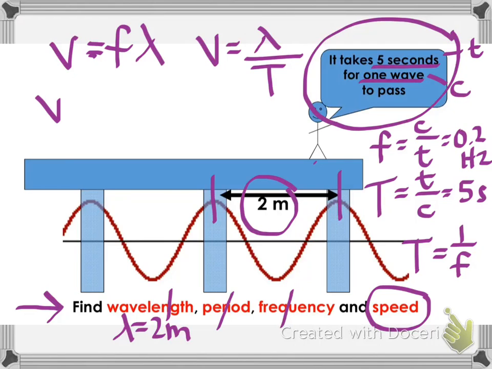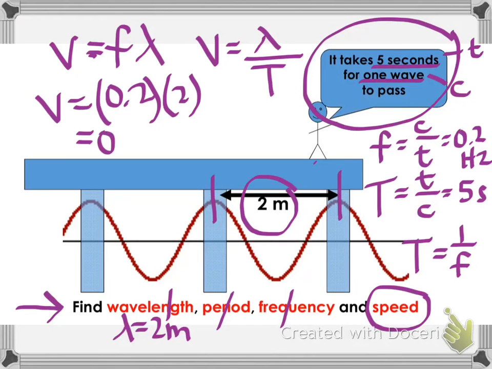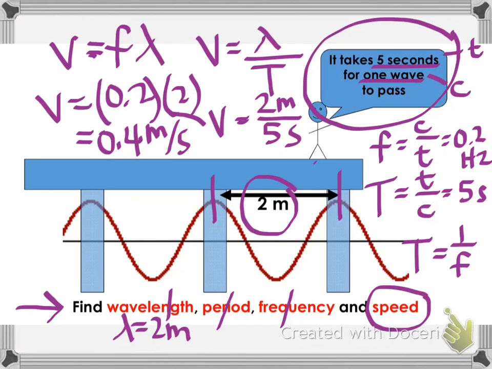When you go through this formula, I do 0.2 times 2, that gives me 0.4 meters per second. And then I do my 2 meters divided by 5 seconds, that also gives me 0.4 meters per second.